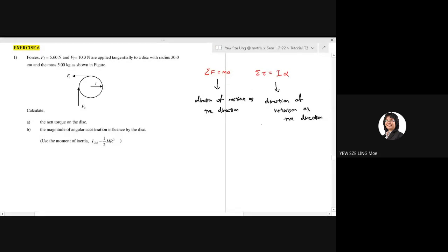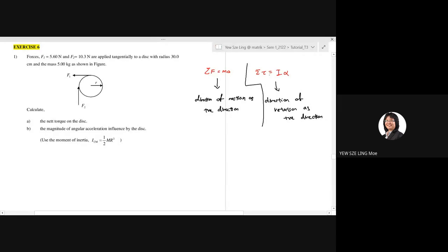So in rotational motion, when we have summation torque equals I alpha, we take the direction of rotation as the positive direction. That is a slight difference between an object that is not moving and an object that is moving with acceleration and angular acceleration.